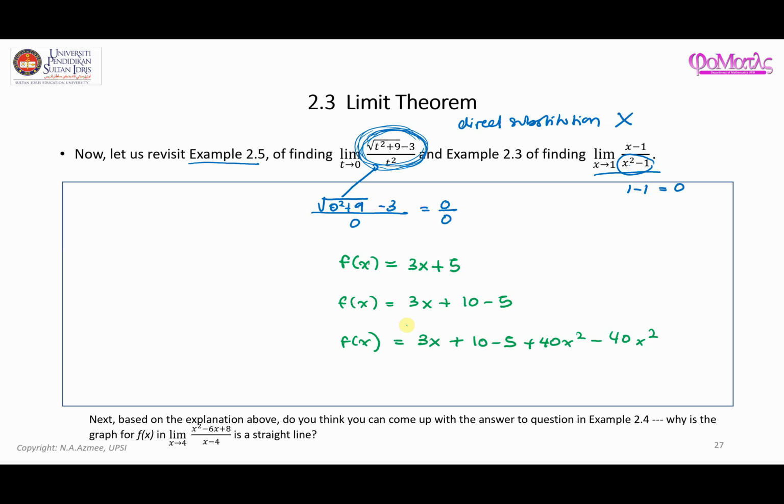Still these are equal, because the 40x squared terms cancel out, and 10 minus 5 becomes 5, so we get 3x plus 5, which is the original function.